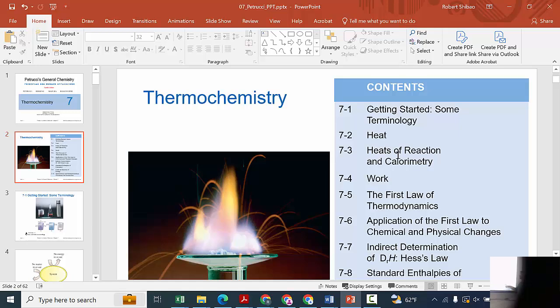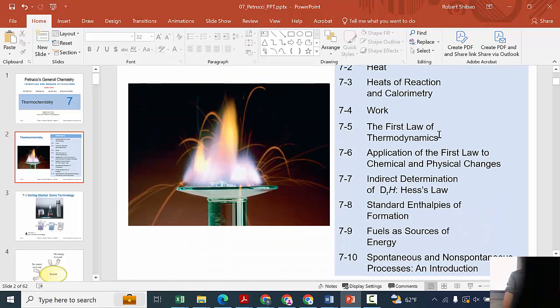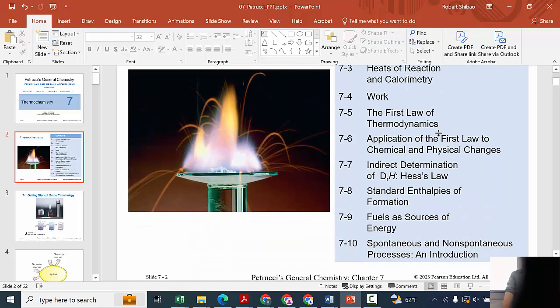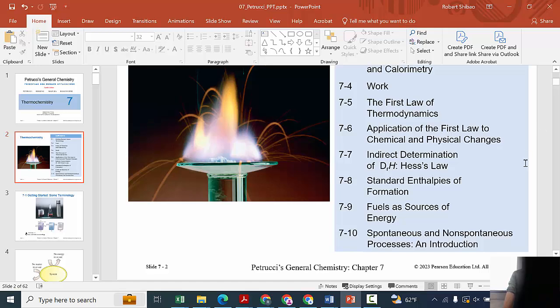And then we're going to look at application of the first law to chemical and physical changes. And indirect determination of delta H of the reaction. This is supposed to be capital delta. R stands for reaction. H is enthalpy. And we're going to look at standard enthalpies and fuels as sources of energy.